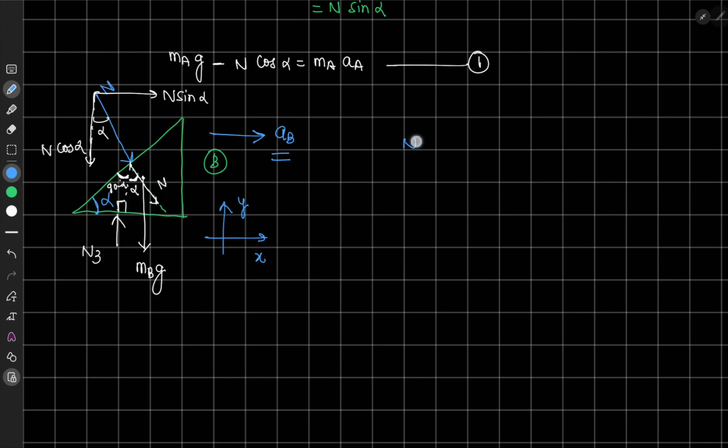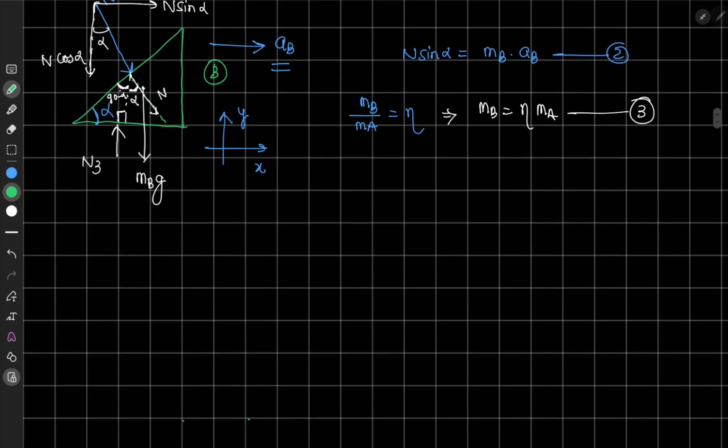So we can write N sin alpha is equal to mass of B into acceleration of B. So this is the second equation we are having, and we are having one more equation, that is mB upon mA is equal to eta. So from here we can write mB is equal to eta times mA. So this is our third equation, but these three equations are not sufficient to solve the problem.